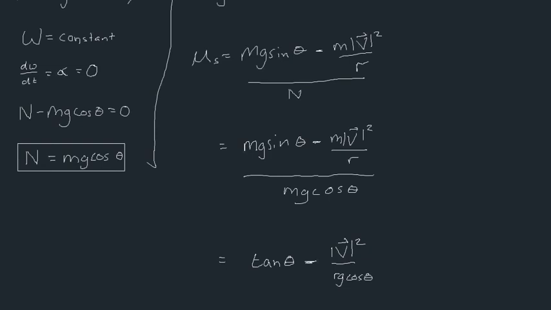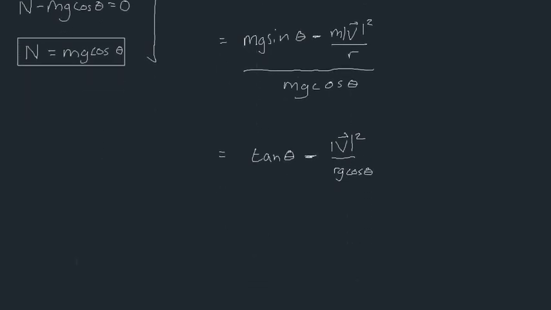Fantastic. Alright, well, let's see if we can simplify this a little bit further. Recall in a previous video, I proved that the magnitude of the velocity of an object traveling in a circular orbit is equal to the radius of our circular orbit times our angular velocity, right? Consequently, now we can simplify this expression even more and say that our mu s is going to be tan theta minus r omega squared, because it's the magnitude of the velocity squared divided by r g cosine theta.